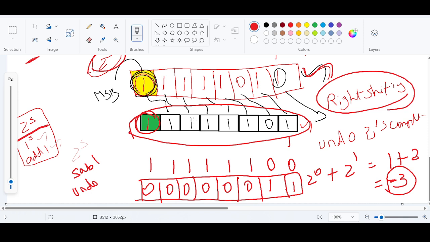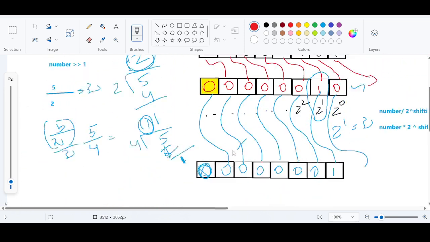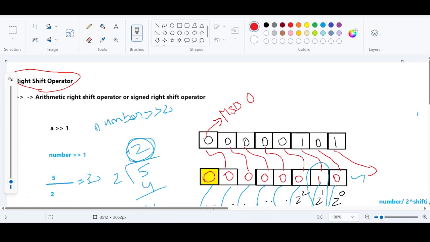After right shifting, you cannot directly convert this binary number to the equivalent decimal. You should undo the 2's complement. Undo means -1 and flip the bits. You will get the resultant value. Find the decimal number for this. Then add a negative sign.